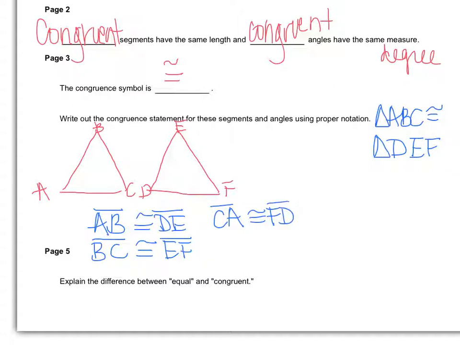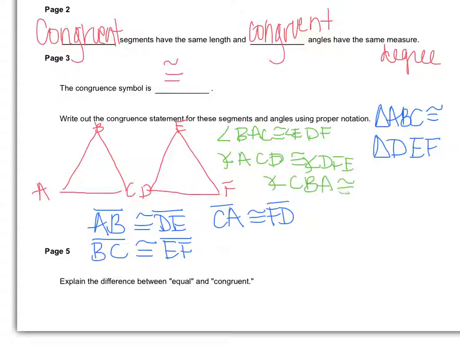And then for my angles, I know that angle BAC is congruent to angle EDF. I know that angle ACB is congruent to angle DFE. And I know that angle CBA is congruent to angle FED.